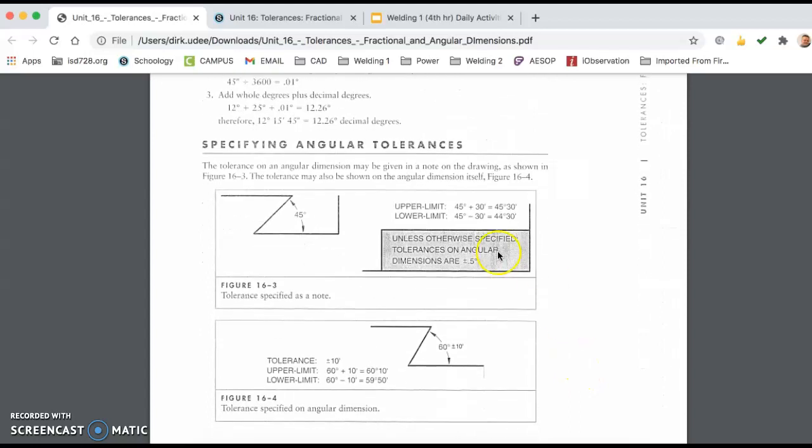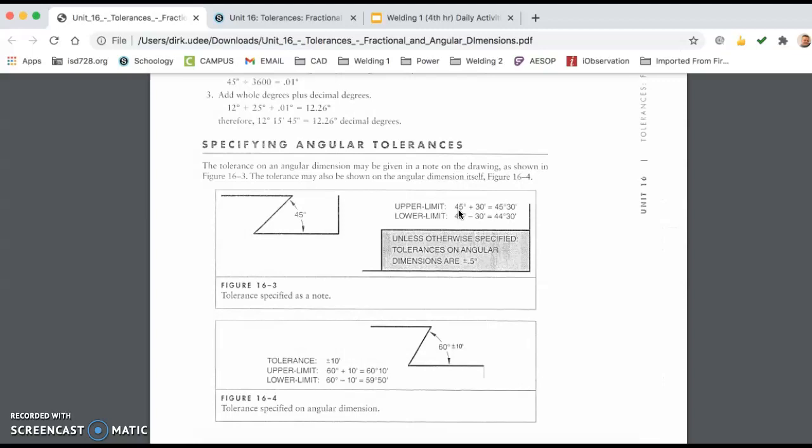tolerances. So in figure 1, they give us a tolerance of plus or minus 0.5 degrees, meaning it's a half a degree. So if we're at 45 degrees, half a degree is going to be 30 minutes. So we can't say 44.5.